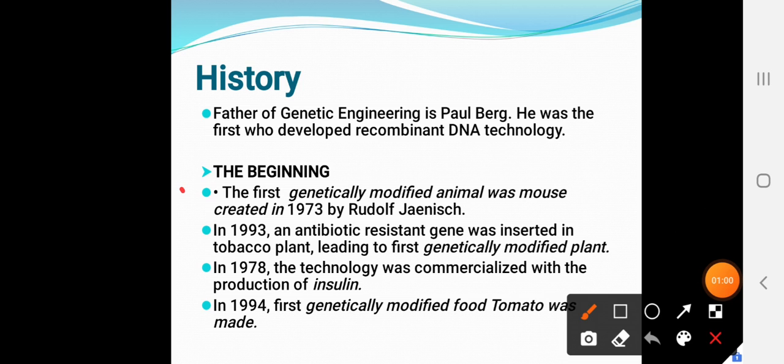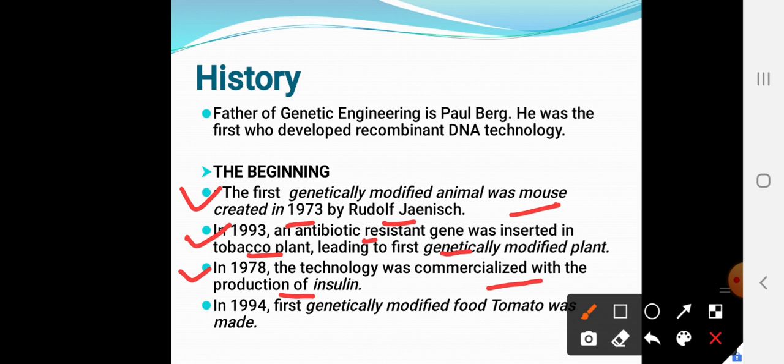The first genetically modified animal was the mouse, created in 1973 by Rudolf Jaenisch. In 1983, an antibiotic resistant gene was inserted in the tobacco plant, leading to the first genetically modified plant. In 1978, the technology was commercialized with the production of insulin.